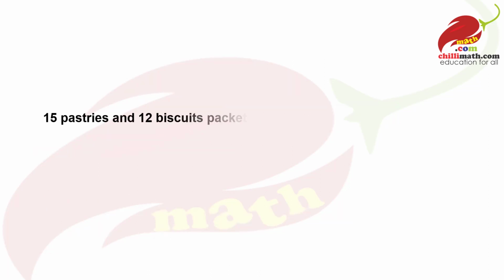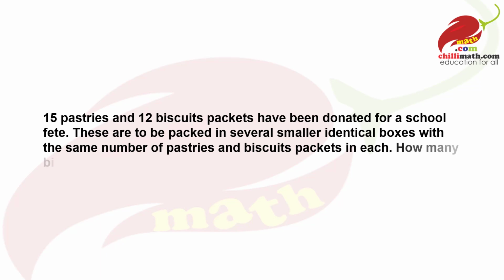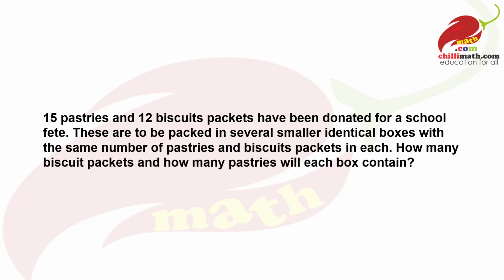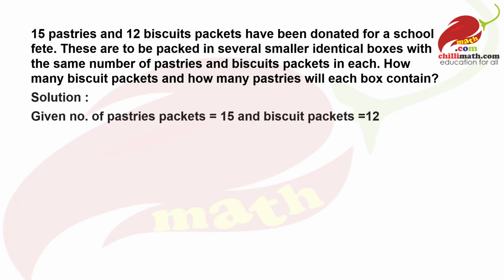15 pastries and 12 biscuit packets have been donated for a school fete. These are to be packed in several smaller identical boxes with the same number of pastries and biscuit packets in each. How many biscuit packets and how many pastries will each box contain? Solution. Given number of pastries packets equals 15 and biscuit packets equals 12.